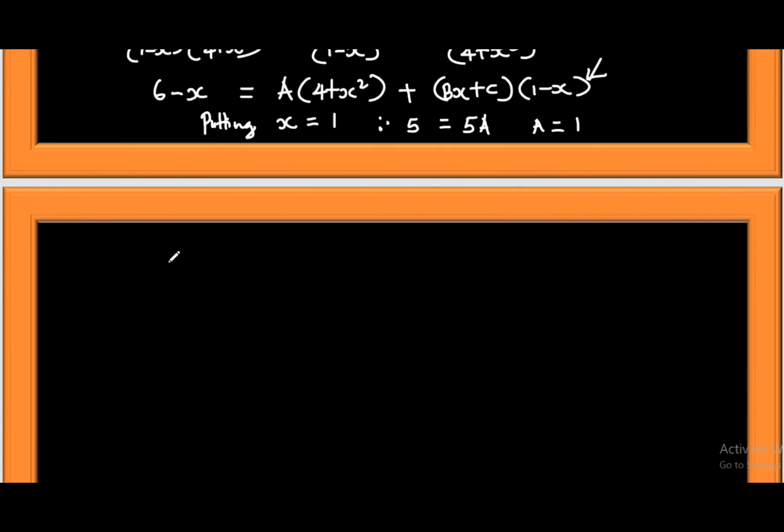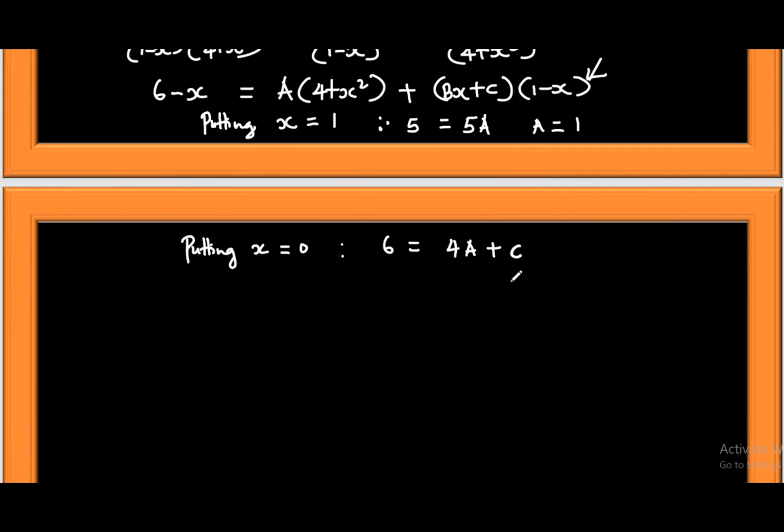We go on, and now we can put the value of x as 0. The intention here is to make sure we cover up the b, because we have bx here. On the left hand side we shall have 6, equal to, on the right hand side, when you put 0 in the place of x, 4a plus, now bx becomes 0, the whole of it, then plus c into 1.